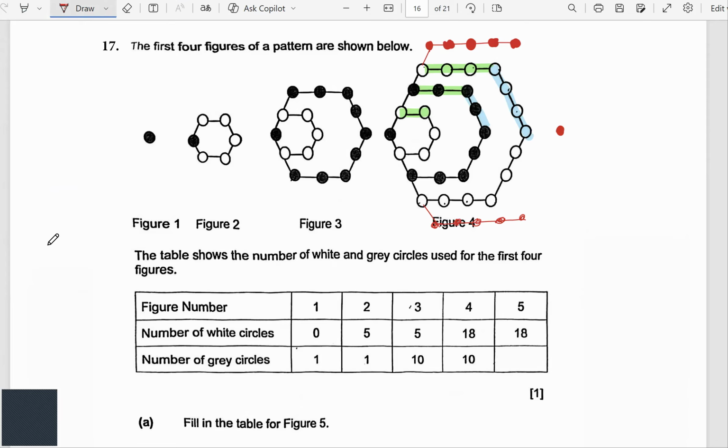Okay, so this is 3 circles and then 4 circles. So here, from here to here, you should have 5 circles. Then same for this part here. There should be 5 like that.